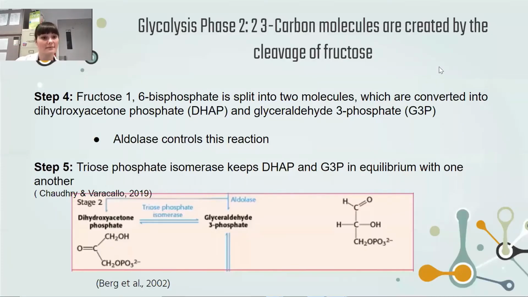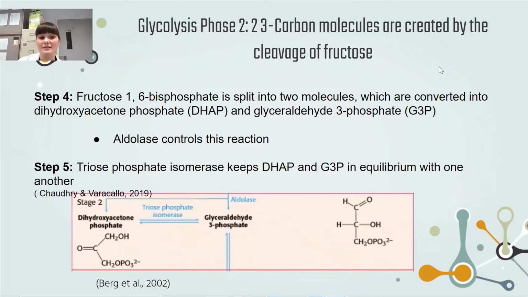So in phase 2, step 4, that fructose ring that we saw at the end of phase 1 is going to get split into 2 molecules, which are either DHAP, dihydroxyacetone phosphate, or glyceraldehyde 3-phosphate, which is abbreviated G3P.